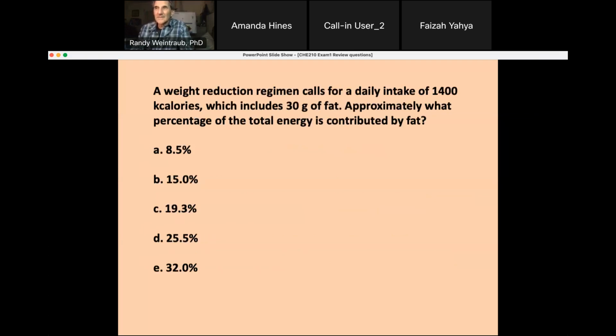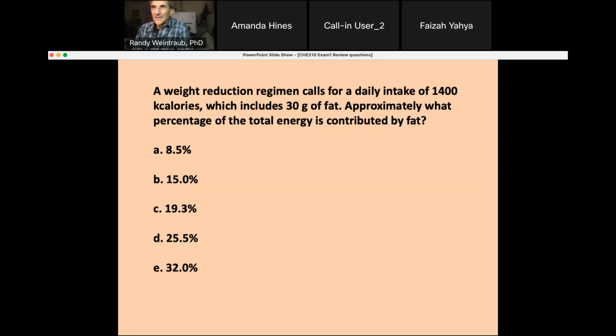So you do need to know how much energy is from each of the macronutrients. Carbohydrate and protein, there's 4 kcals per gram. Fat is 9 kcals per gram.